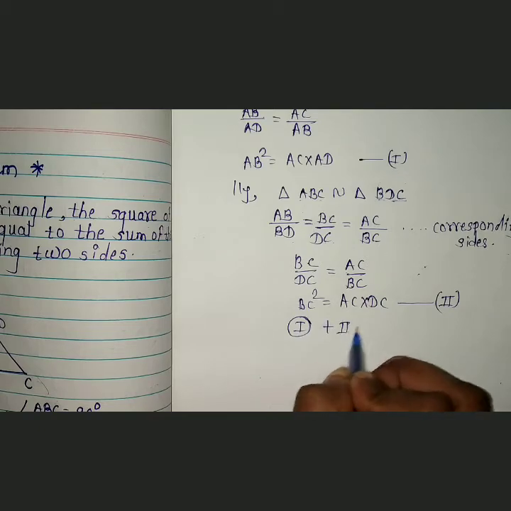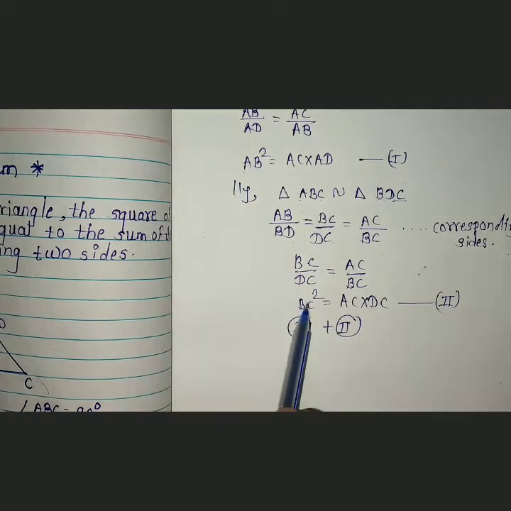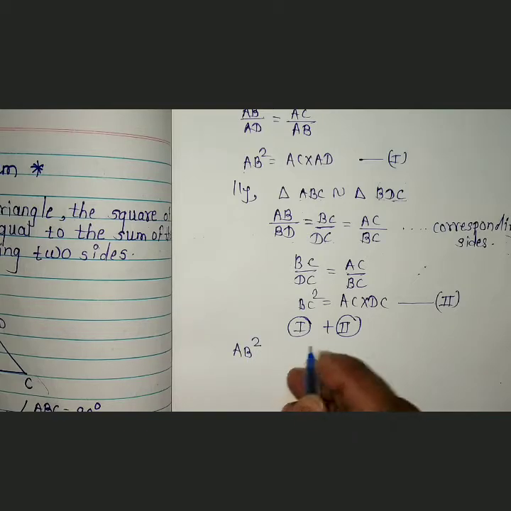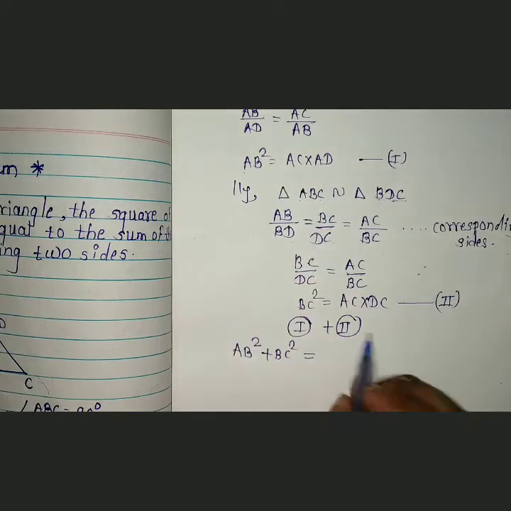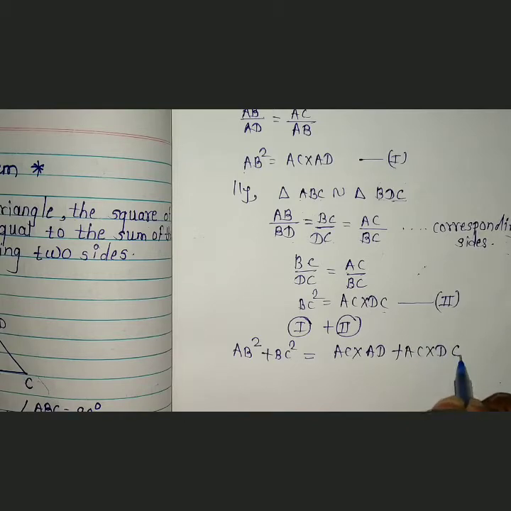From first and second, adding first and second: AB square plus BC square is equal to AC into AD plus AC into DC. Here in this side AC and in this side also AC. Therefore, AC is common and the remaining terms are AD plus DC.